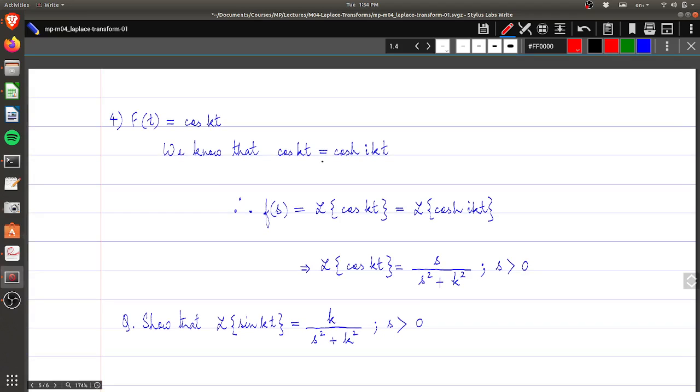The actual relation is cos theta is equal to cosh i theta. Instead of theta we put kt.